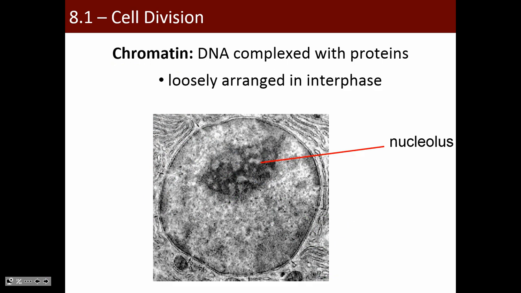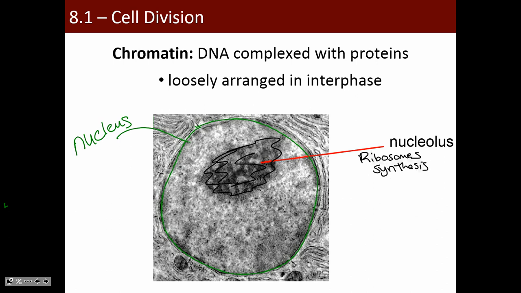Okay. When we're looking at this particular picture, this circle here is the nucleus. So I'm really zoomed in on the cell. And this dark spot here is the nucleolus, which if you remember as you're reviewing for your next exam, is where ribosomes are synthesized.